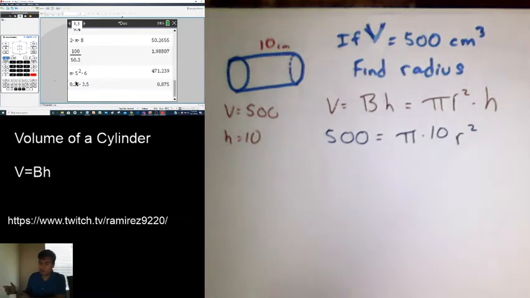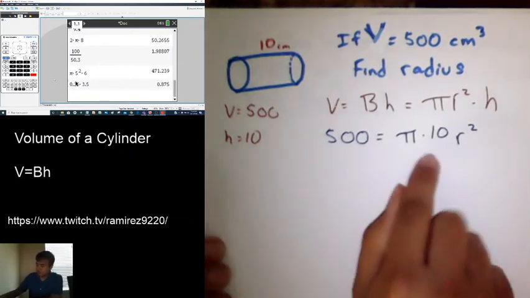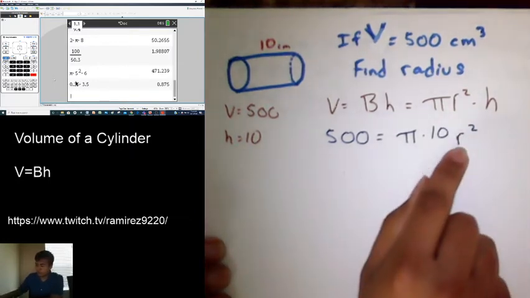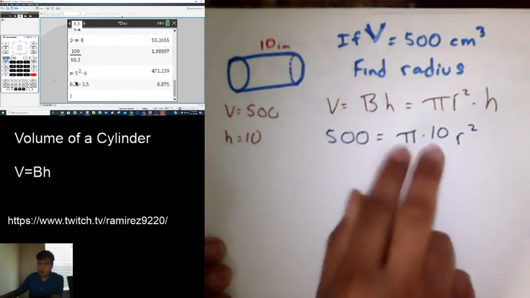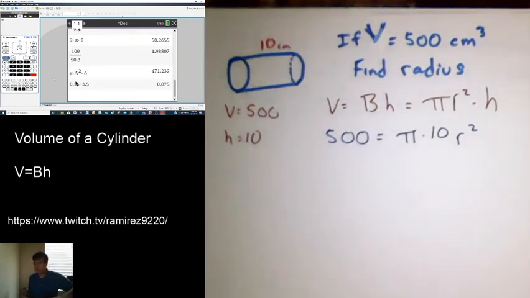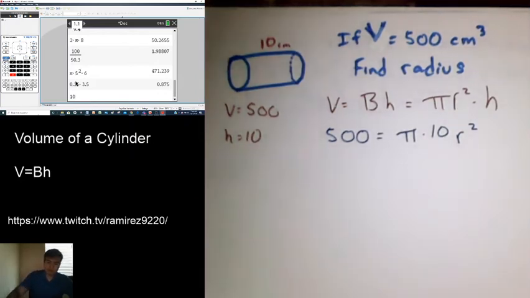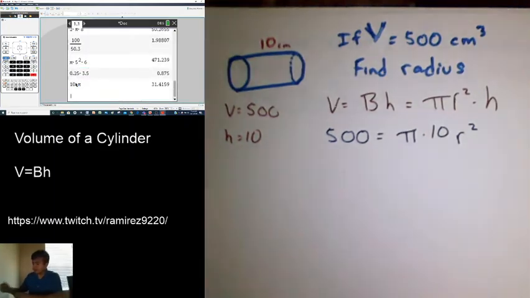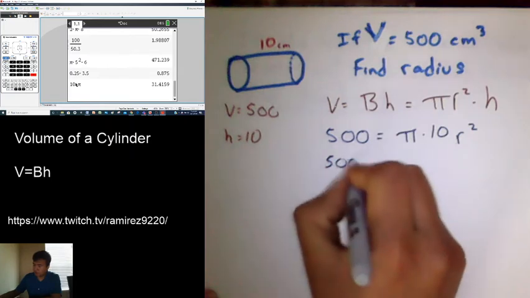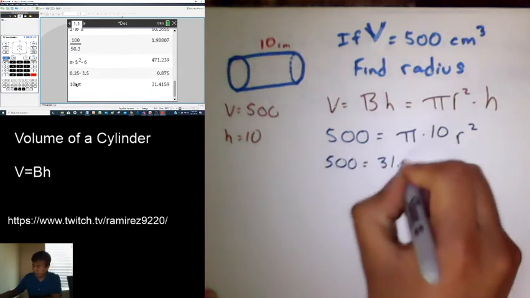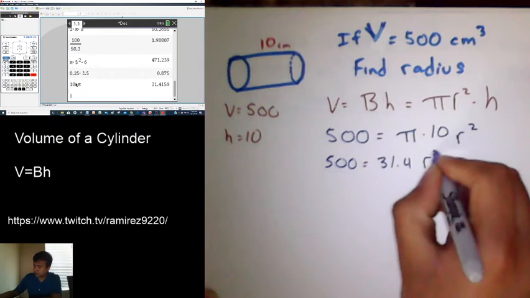Now it's just inverse operations. To leave r squared by itself, I have to divide. For those of you who don't have a fancy calculator that could simply say 500 divided by pi times 10, I recommend first working out what 10 times pi is, and it'll make it easier. So this becomes 500 is equal to 31.4 times r squared.